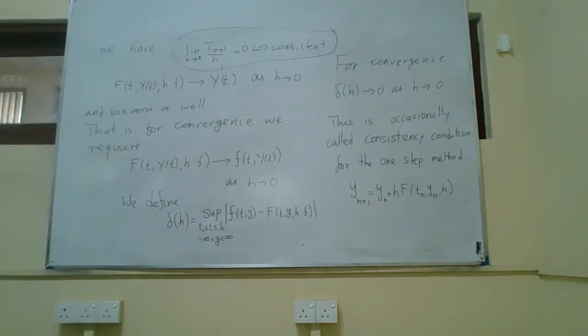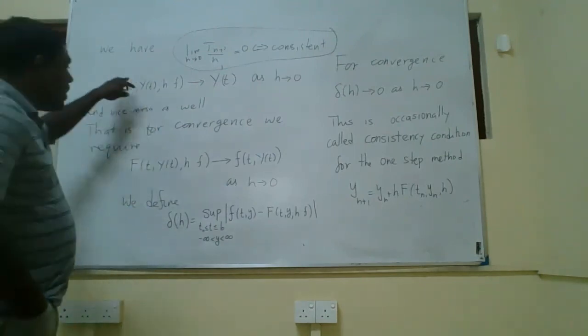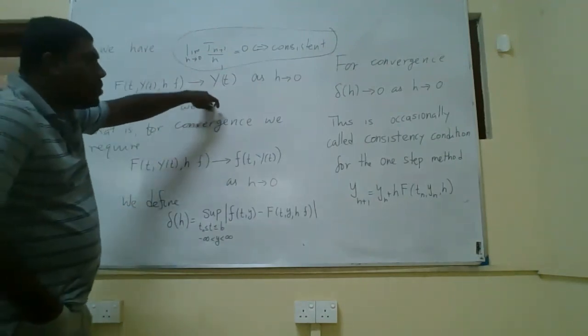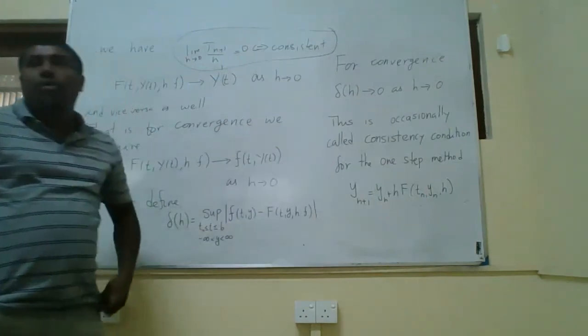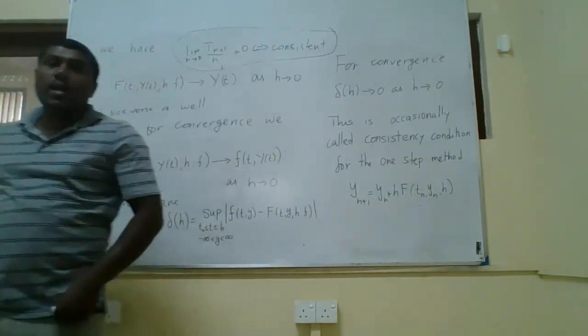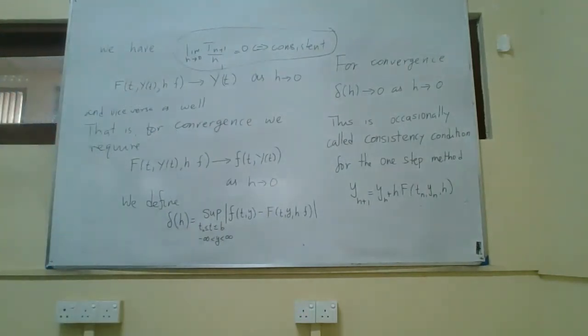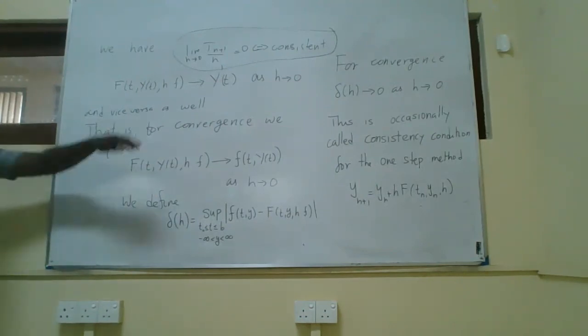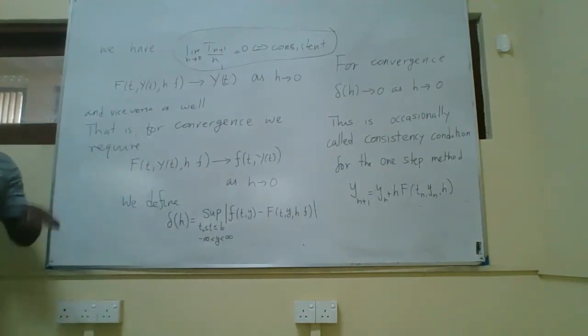So the same kind of condition is developed here for the Runge-Kutta methods as well, right? So you can easily see that you started with tau n goes to 0, where tau n you defined as Tn plus 1 over h. So it's basically almost the same idea as in the linear multi-step method, but because the formulation is different, everything looks different, but the base idea is the same.